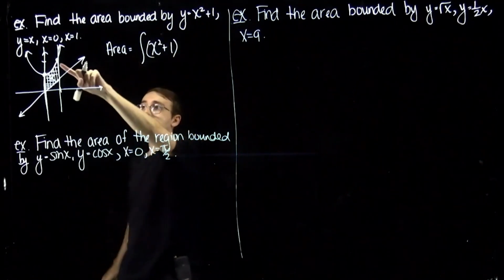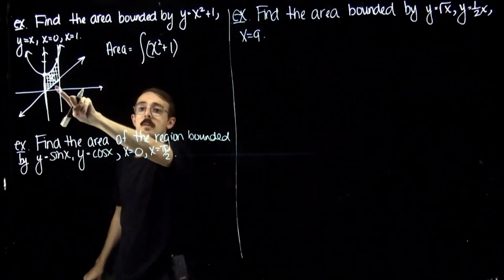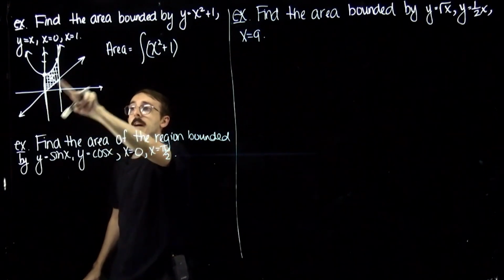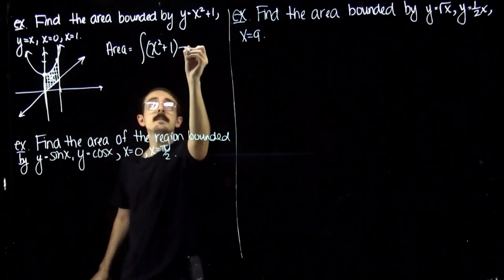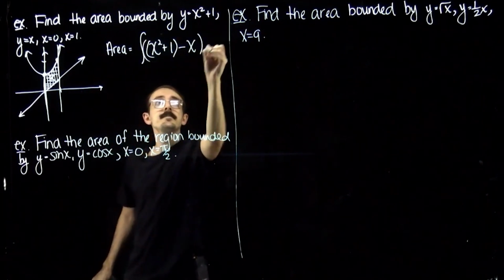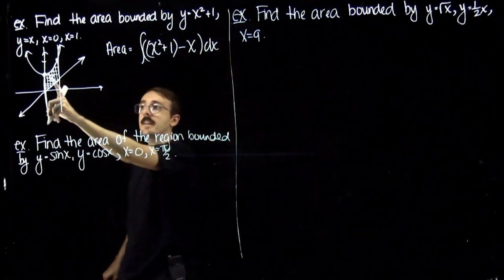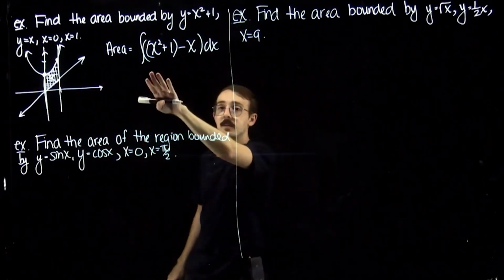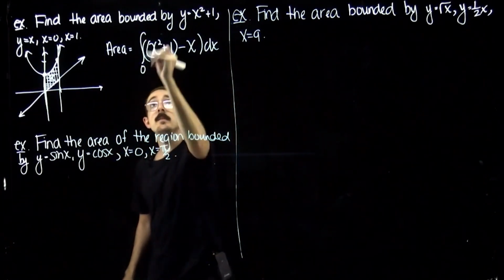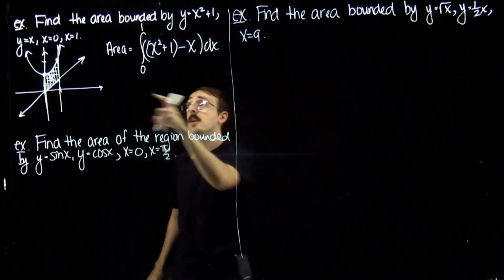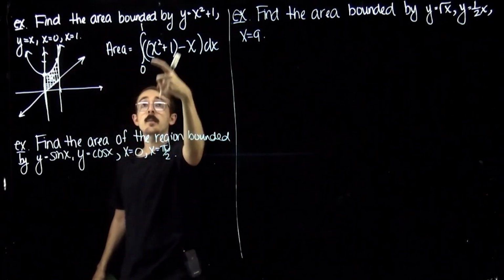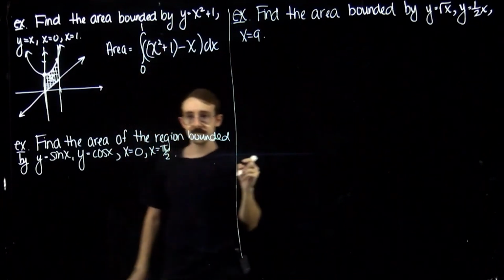The function that's below, the one on the lower part of this region the whole time, is y equals x. So this would be minus x. So that's how we're going to find the area scanning from left to right. And now we just need to tell the integral to start at 0 and end at 1. So those are our bounds for x. Those two vertical lines tell us where to start and where to stop in the integral.